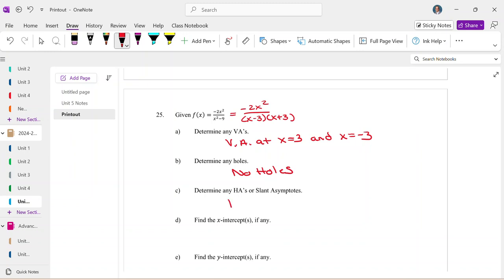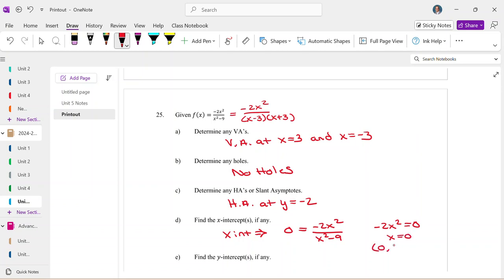Now notice for the horizontal asymptote, the degrees are the same, so the horizontal asymptote is at y equals -2. The x-intercept: if you set 0 equal to -2x squared over x squared minus 9, notice -2x squared equals 0 when x equals 0.